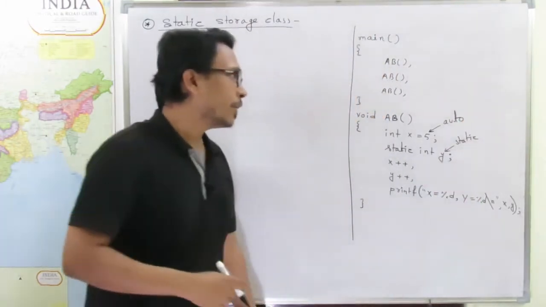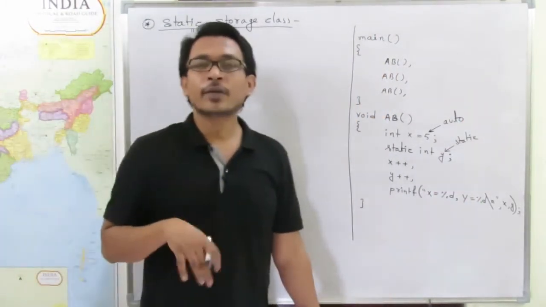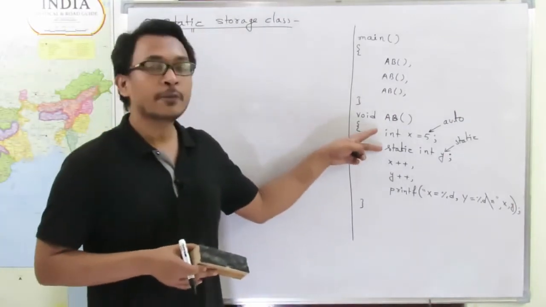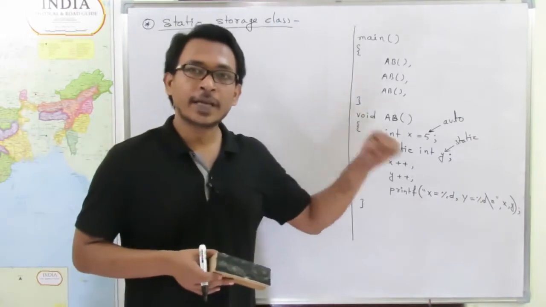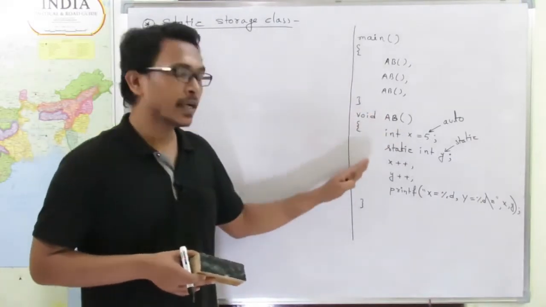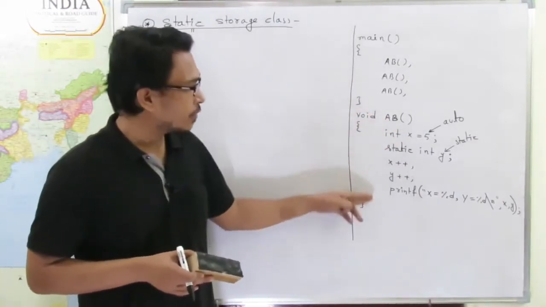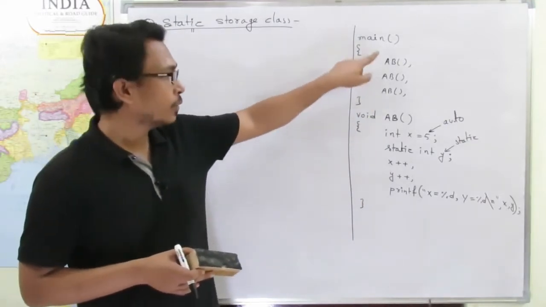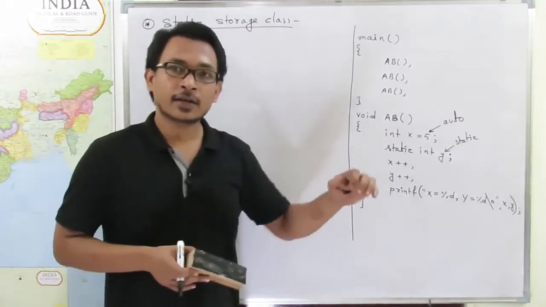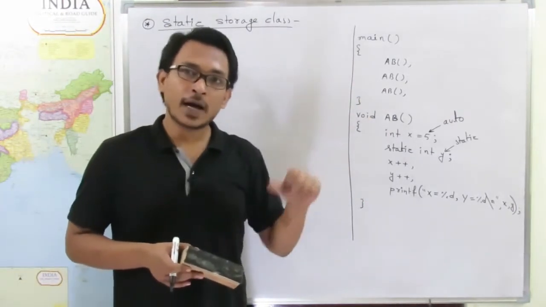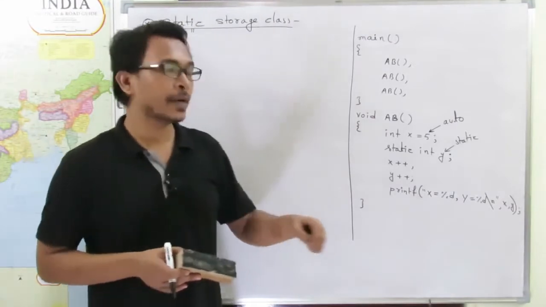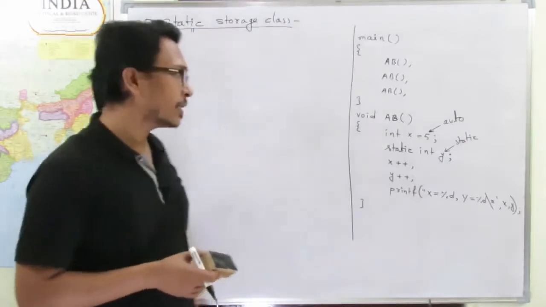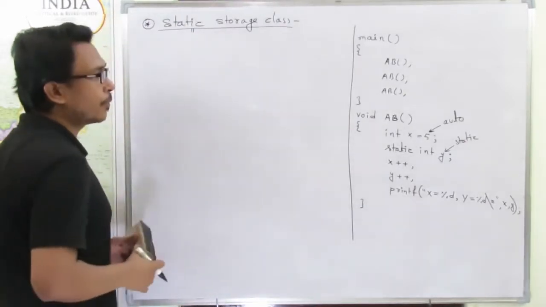That means we declare one normal variable and one variable as static, and we will see how these two variables will behave in this particular function execution, and we execute this function for 3 instances. Clear? And we will see how static storage class will help us to share the information between these 3 executions of the AB function. So let's start execution of this program.